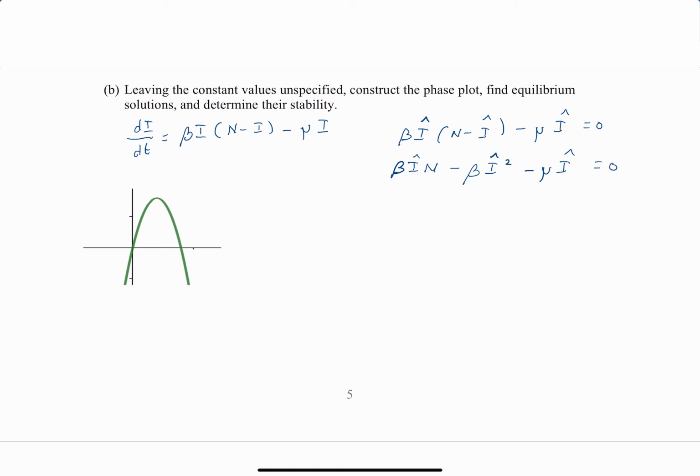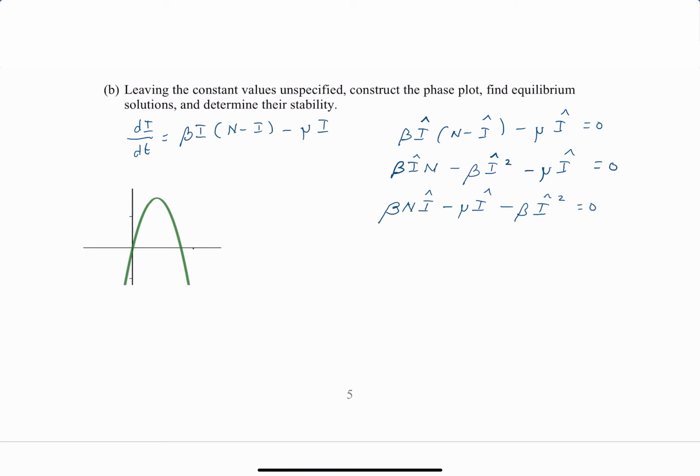Then I'll combine like terms. So by like terms, I mean the ones that both have I hats in them and not I hat squared. That first one, beta I hat n, I can think of as beta n I hat, and then I'm subtracting from it mu I hat, and we also have minus beta I hat squared equals 0.